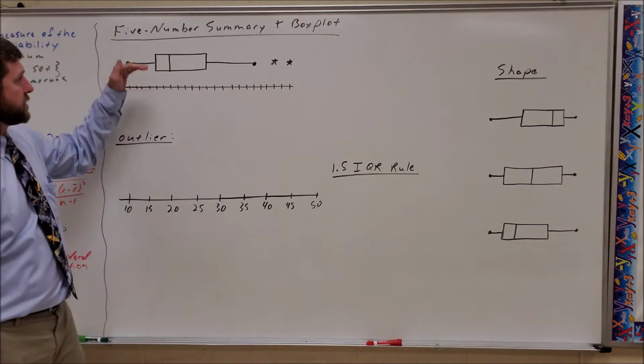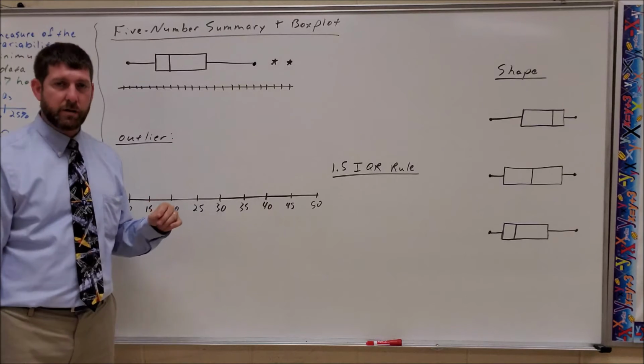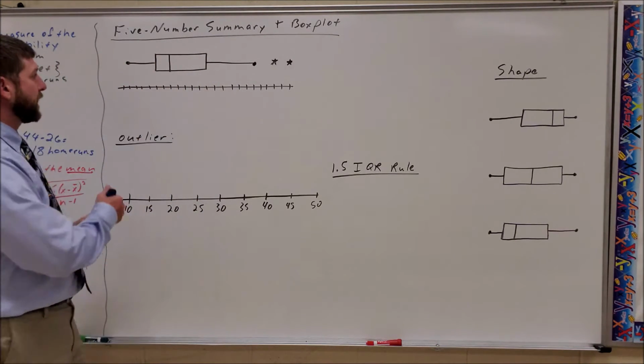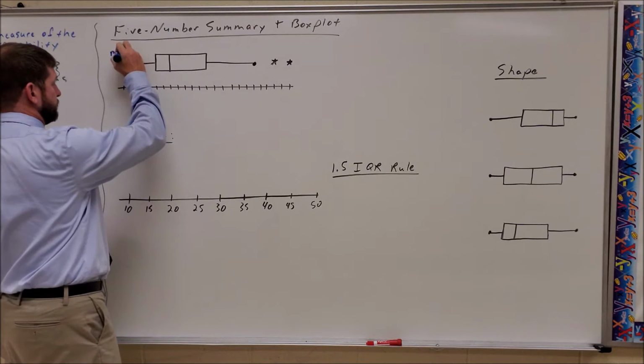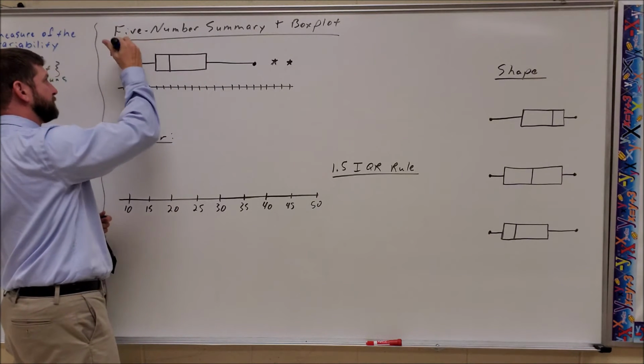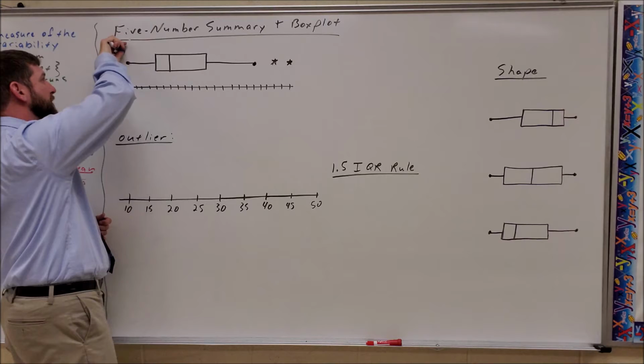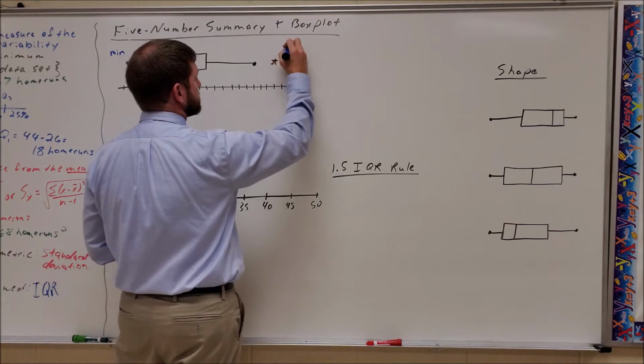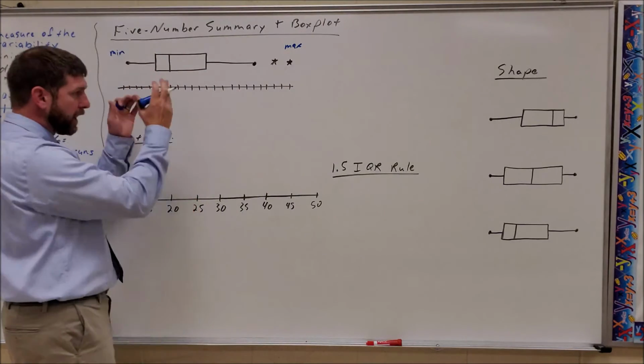Now, the reason we're tying box plot to 5-number summary is because it's what we use to make a box plot. So in a box plot, we have our minimum value, and we have our maximum value. The maximum and minimum make the whiskers out here. And then we have the box.